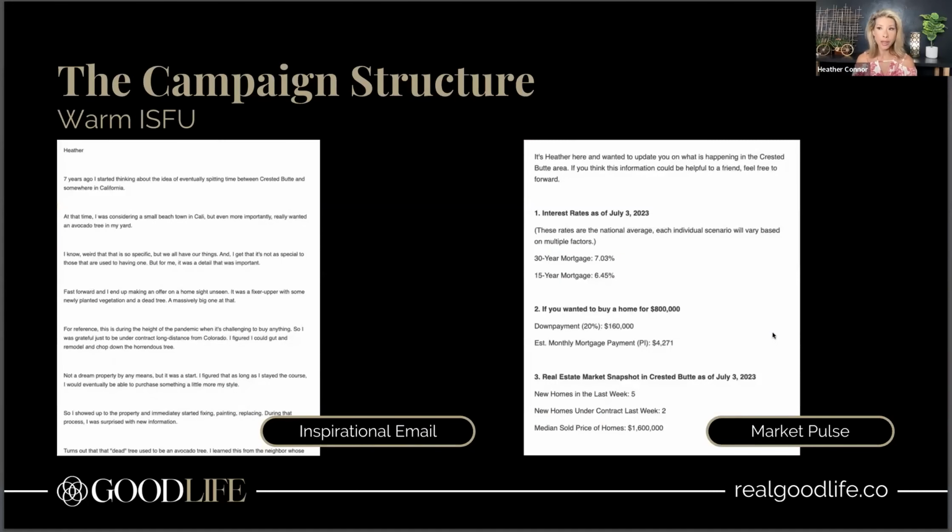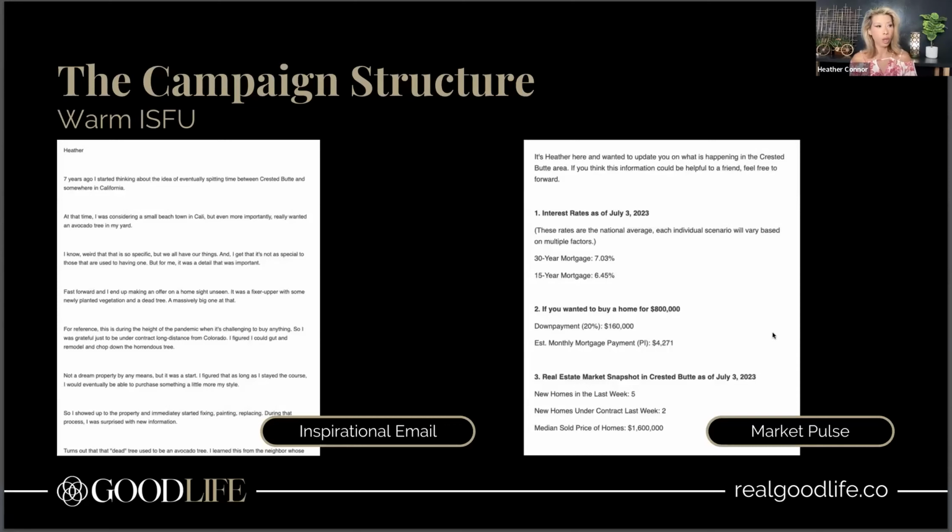All right, now I thought that even though David goes more in depth in this in his video, I just wanted to briefly go over what these emails look like that I mentioned in one of the campaign emails. So we talked about the inspirational email and we talked about Market Pulse. Here's what they look like. So for me, the inspirational emails vary widely in length and topic.